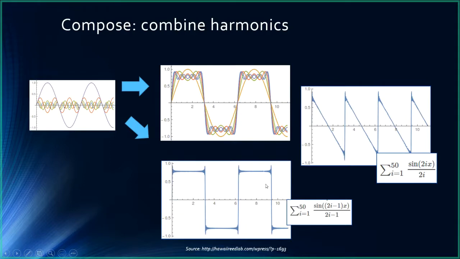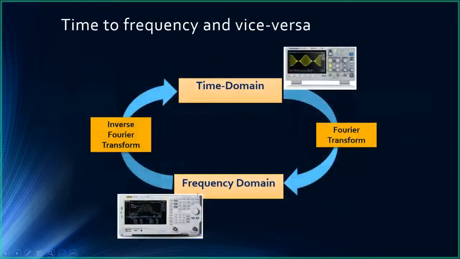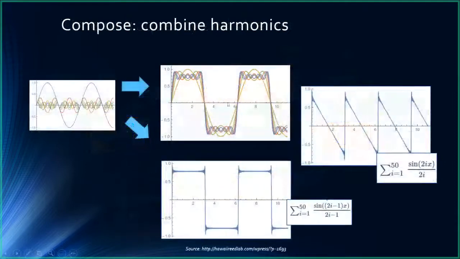So basically, from a description of the frequency domain, you can go to the time domain. Depending on which harmonics you select, fundamental and others, and the amplitude you use, from the same set of signals you will be able to generate different shapes in the time domain.